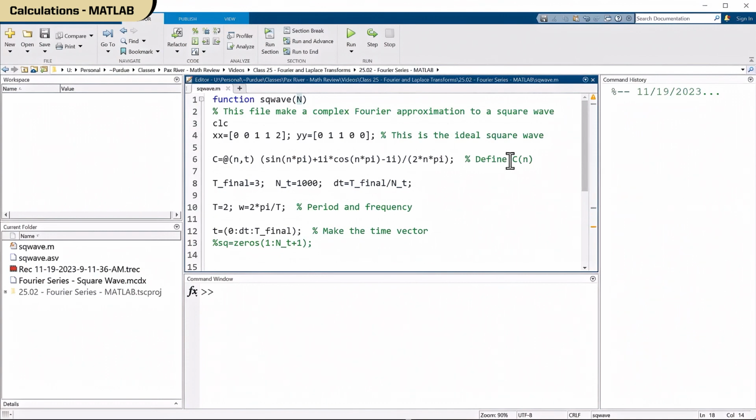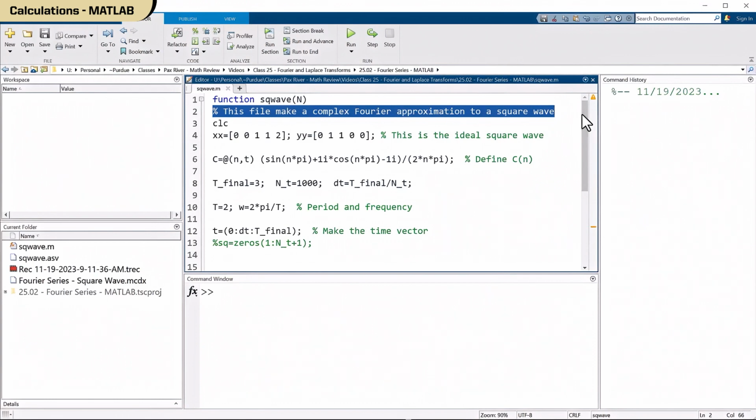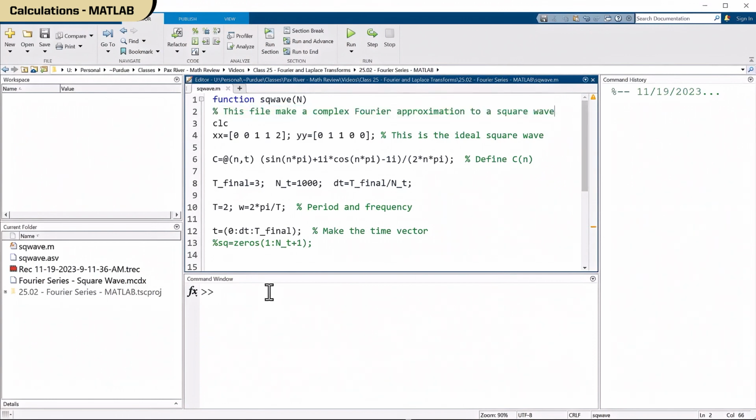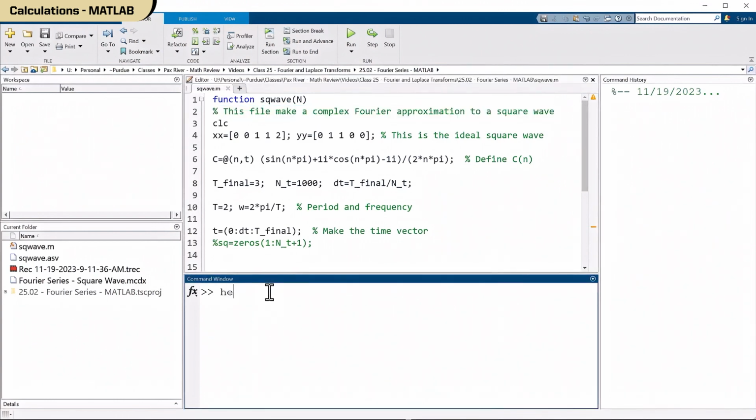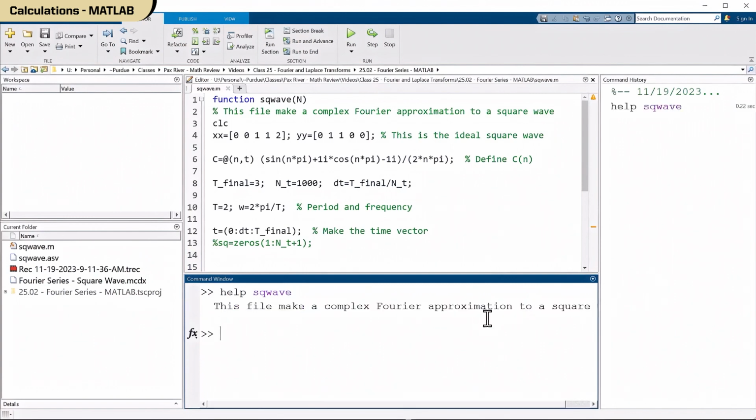So the first thing I did is I made a comment here, right? And so one of the nice little things about MATLAB is if I type help SQ wave, which is the name of my file, what it'll spit back to the command window is the first comments. If I do that, there it is. This makes a complex Fourier approximation to a square wave.